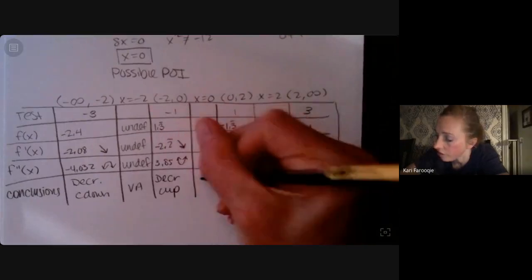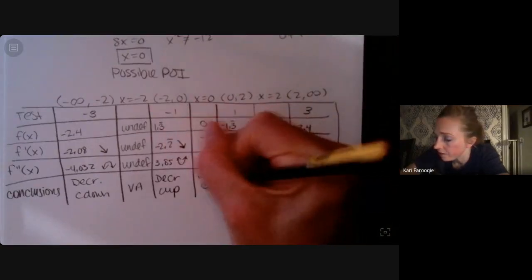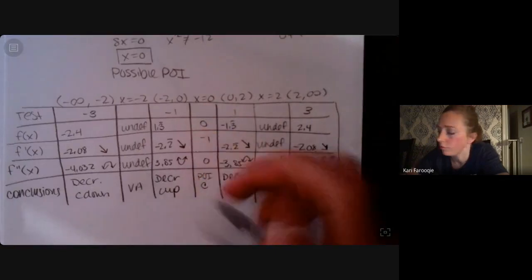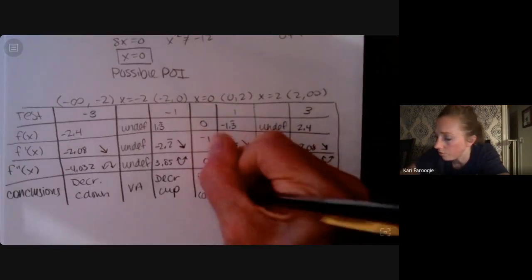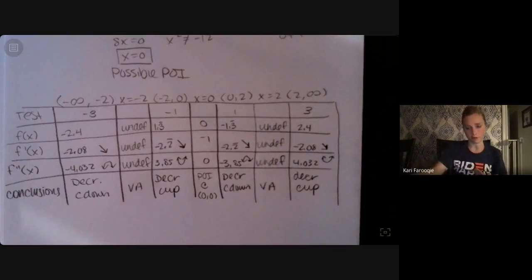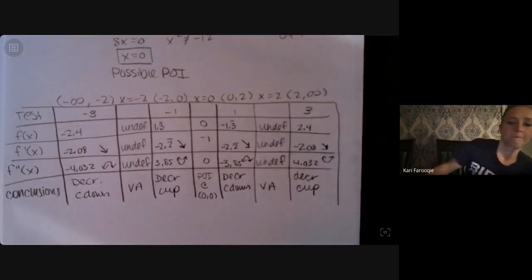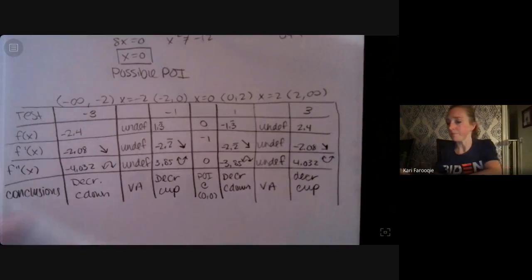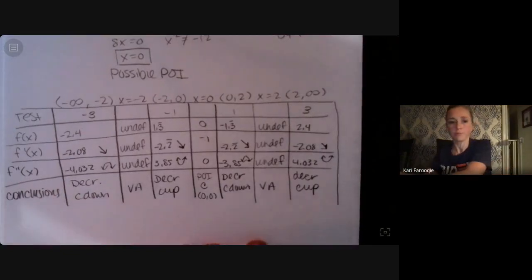So we can actually say that we have a point of inflection at 0, f of 0, which is the point 0, 0. So we're going to get that concavity change. So we'll be able to show that we go from being concave up to concave down. All right. That's your chart. Now we're going to make our graph.